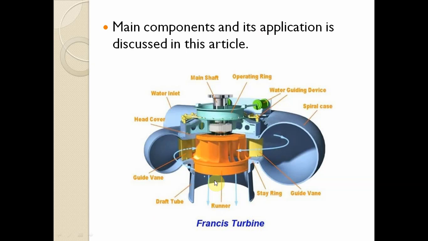In the Francis turbine, at the center the runner will be there. After the runner, a draft tube is fixed, and to this there are stay vanes and guide vanes, spiral case, water guide devices, operating ring, main shaft at the center, water inlet, head cover, and lastly guide vane.